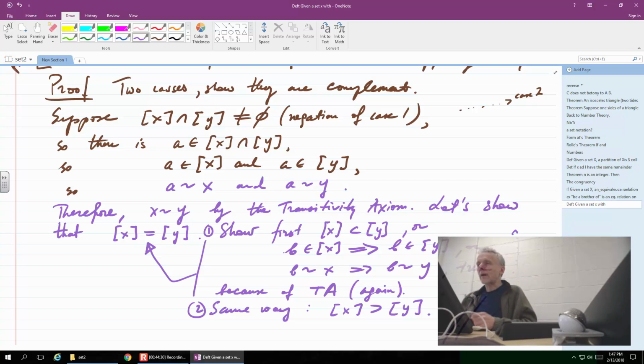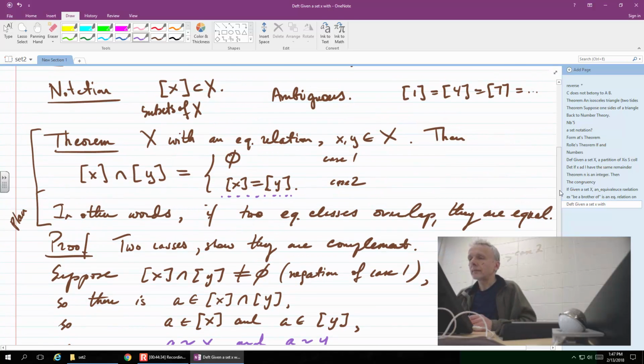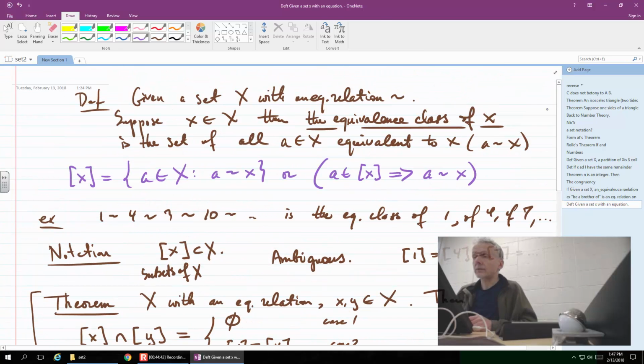What does the reflexivity axiom tell us about the equivalence classes? Well, let's look. This is the definition of the equivalence class. You remember what the equivalence class is.